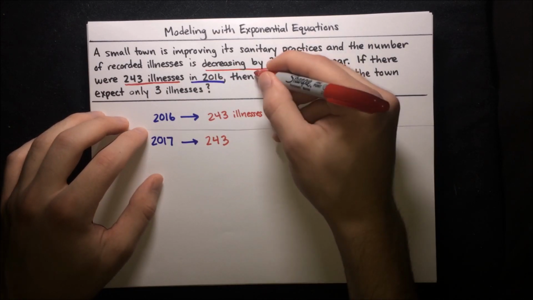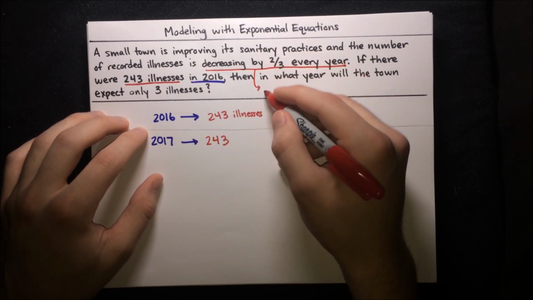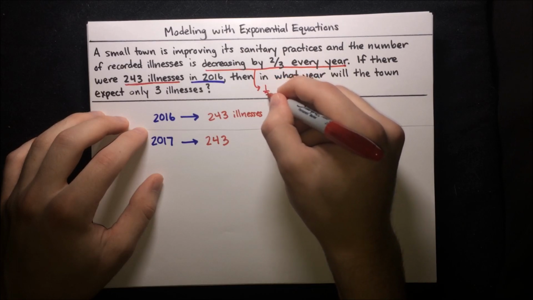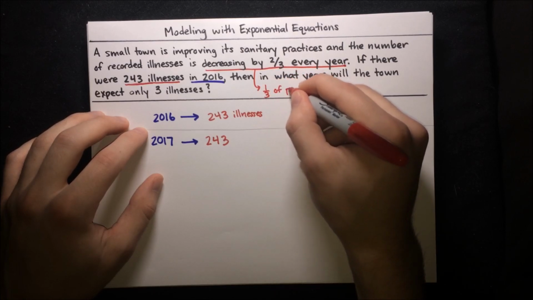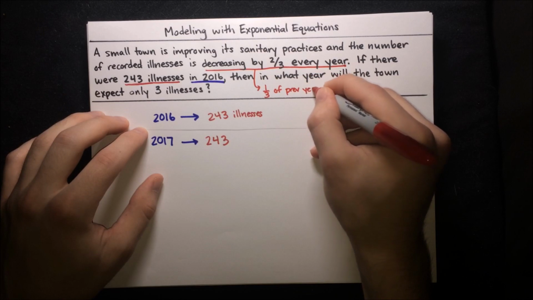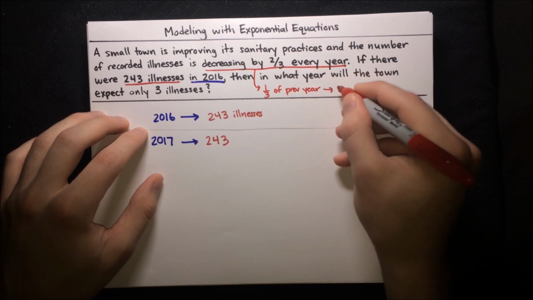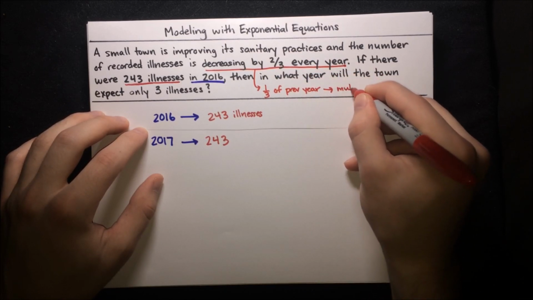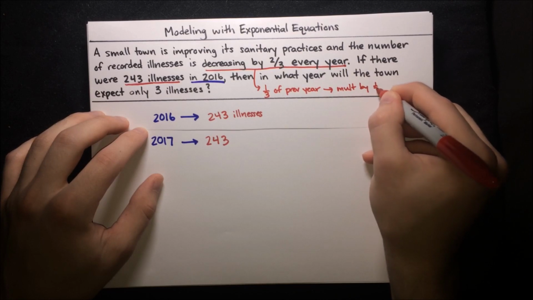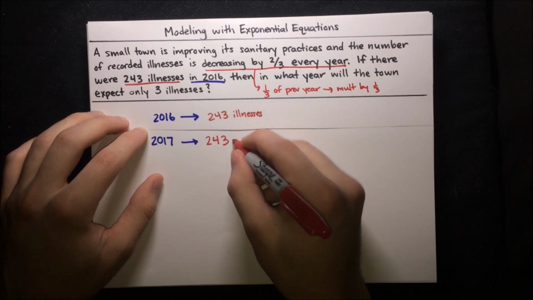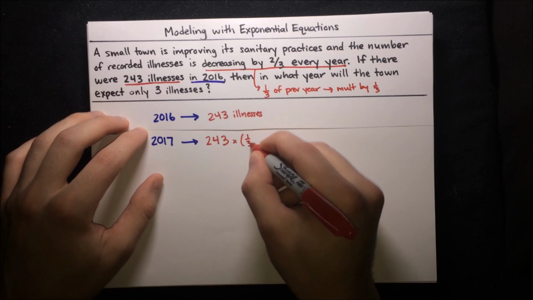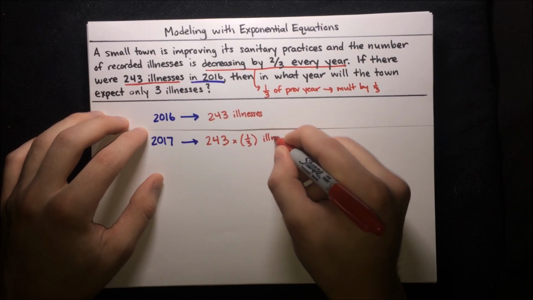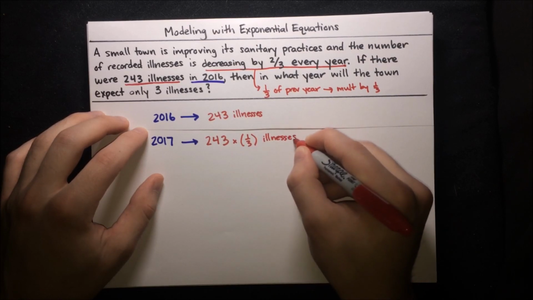Now, decreasing by 2/3 every year, that means every year is 1/3 of the previous year, which really means we just multiply by 1/3. So 243 times 1/3 will be the number of illnesses for 2017.